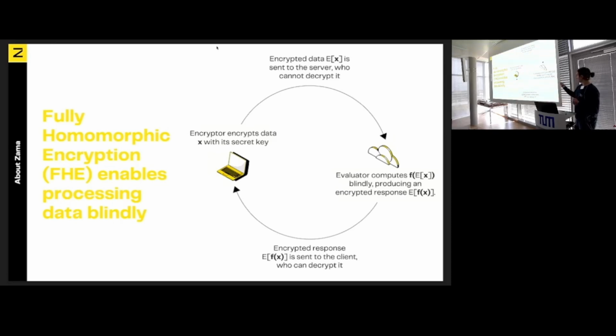Afterwards, the server or the cloud, whatever, can send back the encrypted response to the client, which can decrypt it and observe the function evaluation on the plain text data.